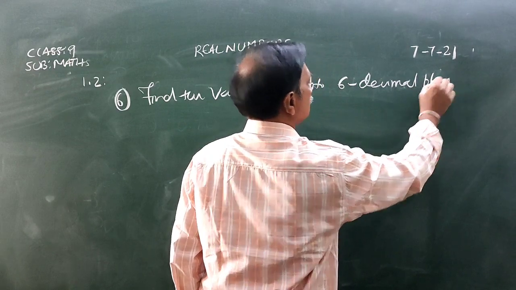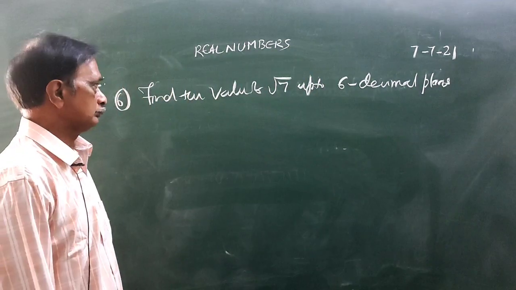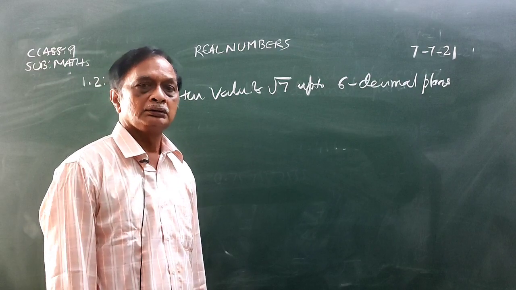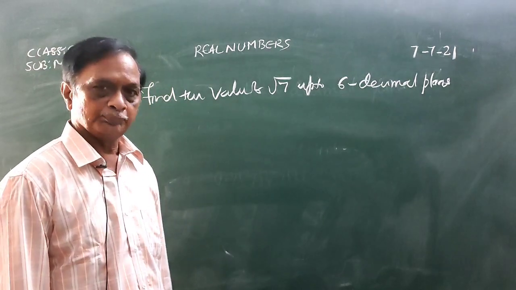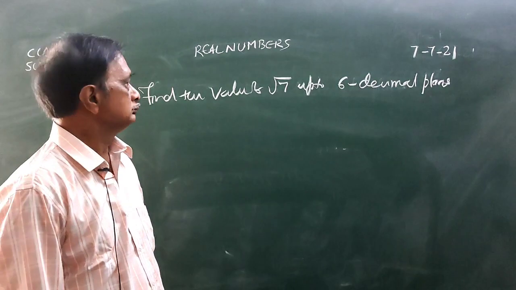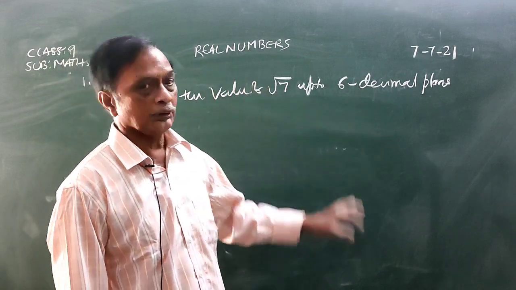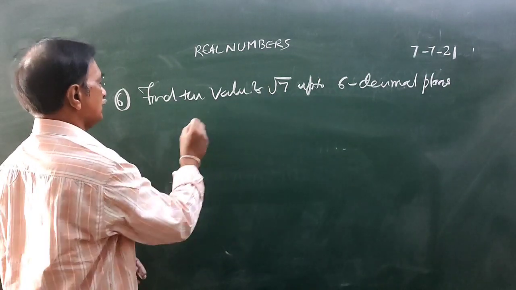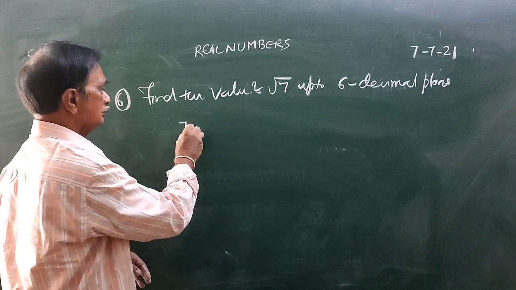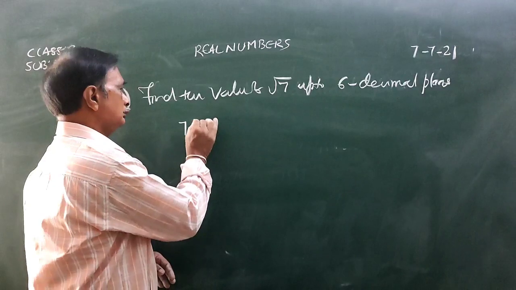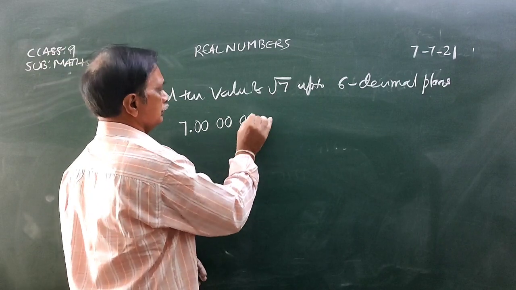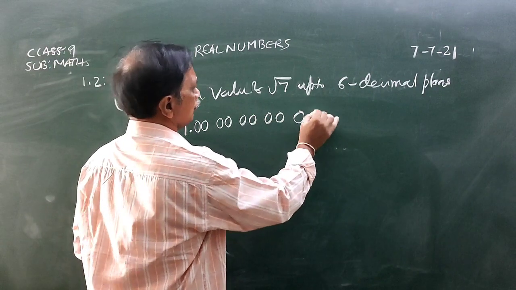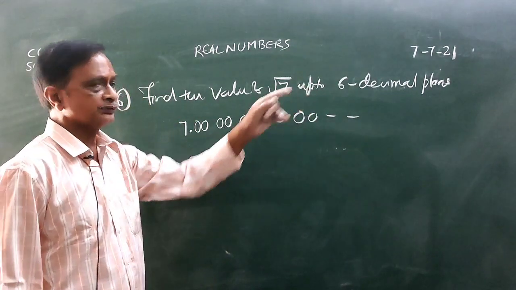I already sent the first chapter and both of the problems given in the first chapter. Now, how do you find the value of root 7? By using the division method. 7.0000000000 and so on. We need up to 6 decimal places.